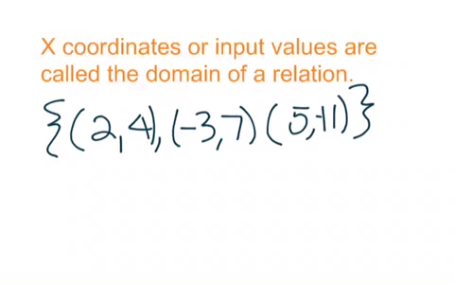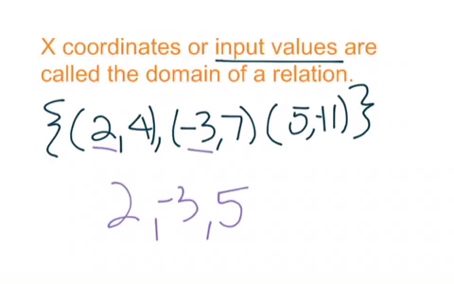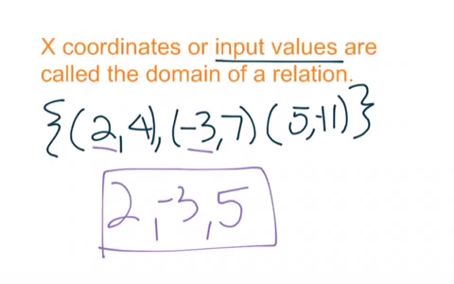Your X coordinates, or your input values, are called the domain of a relation. So right here, the domain of this particular relation is going to be 2, -3, and 5. So your X coordinates are known as your input values and as the domain.